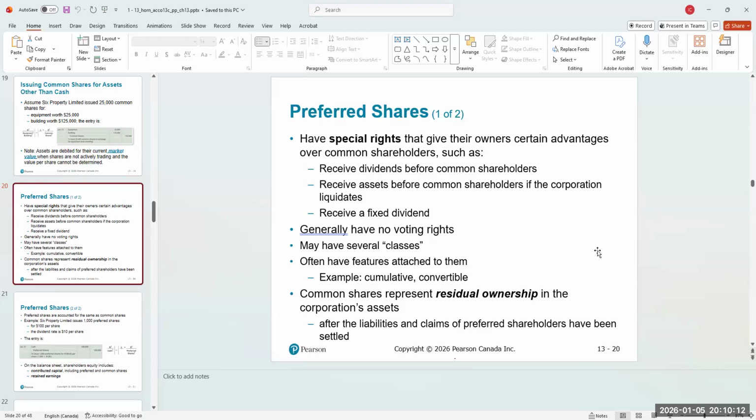The drawback is that preferred shares cannot vote. Now we can have several classes, and they have features. What would be a feature? It can be cumulative, it can be convertible. We're going to come back to this a little later and explain what cumulative and convertible mean.